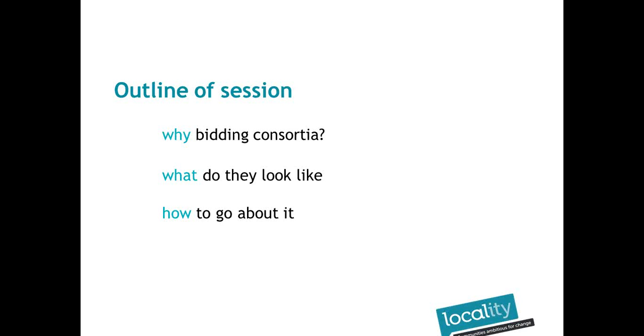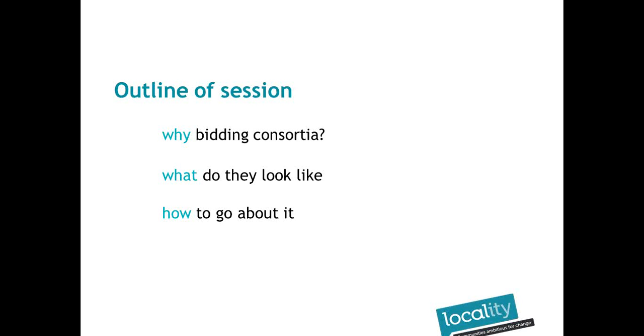So a lot of that input has been put into today's webinar, and that experience goes into today's webinar as well. But today we're just going to look at broadly three areas: why you might look at bidding consortia, why developing a consortium might be the option for you. We'll have a look at some common structures and what bidding consortia look like, and some of the do's and don'ts when it comes to bidding consortia.